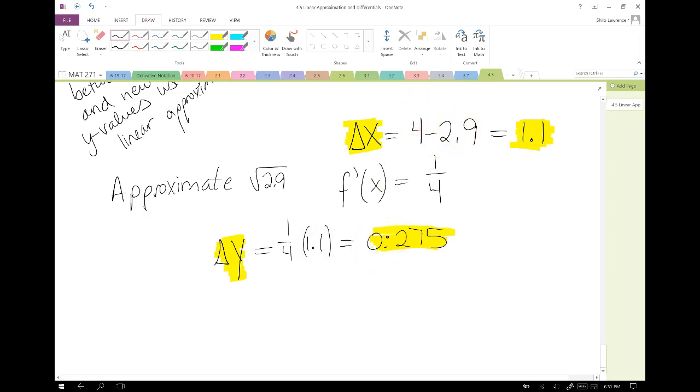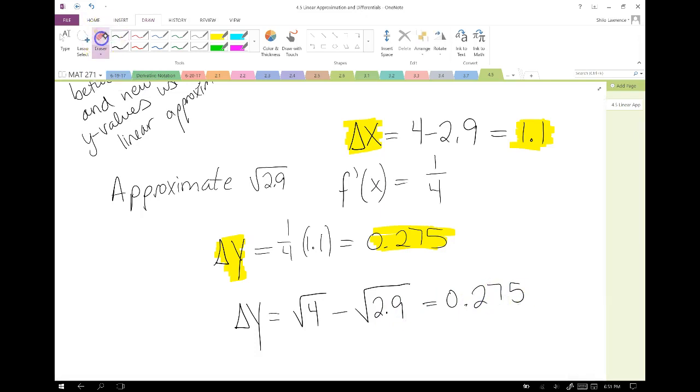So we need to know change in y is the y value at 4, so square root 4, minus our approximation for square root 2.9 is 0.275. And I want to change those to squigglies. So this is like an unknown right now.